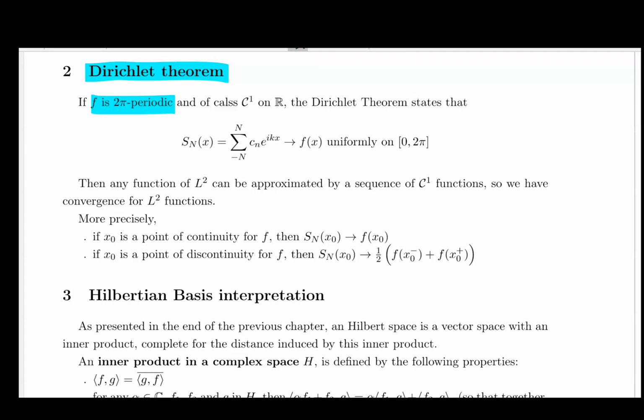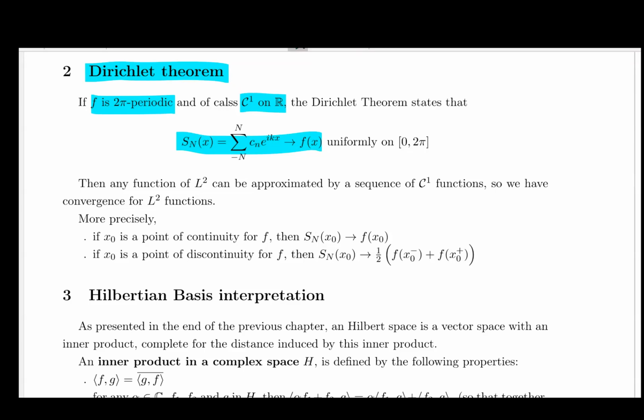All right, what did he find? At the time we talked about class C1 functions, so they needed to be continuous with first derivative continuous. Then what he got was that the complex series associated to the function would converge uniformly on 0 to pi.